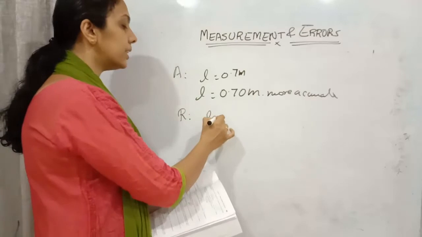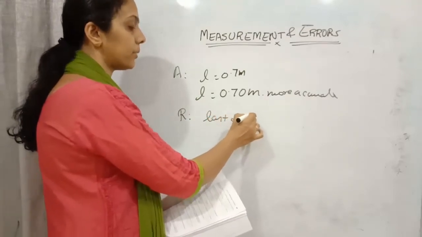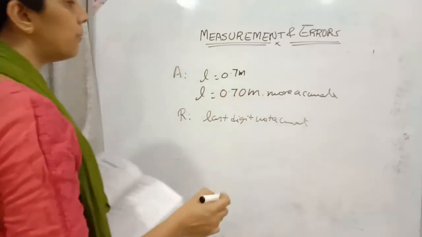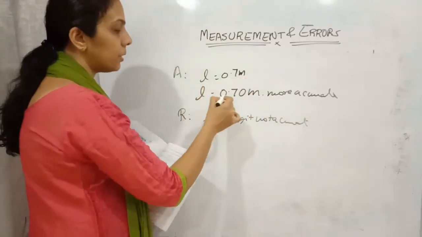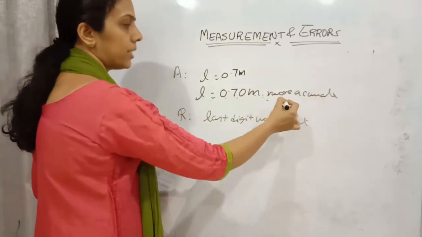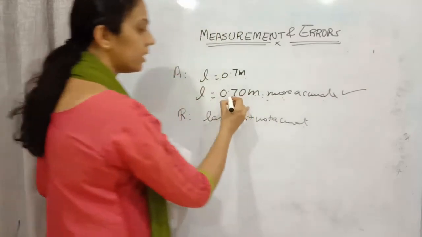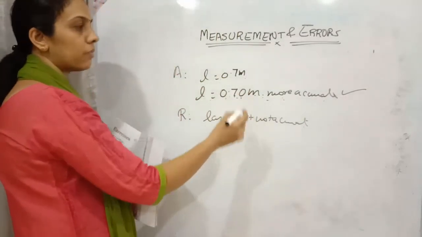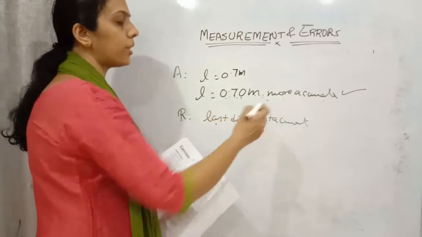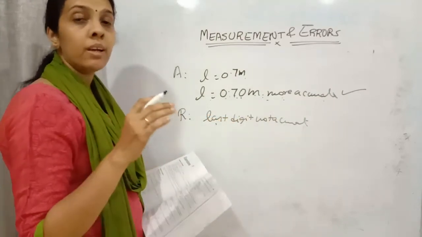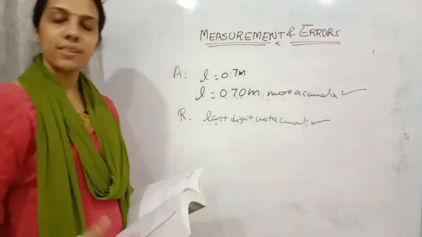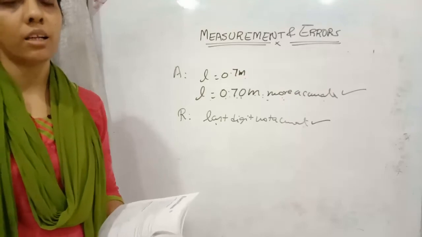Here, L equals 0.70 meter is more accurate, it is given. It's correct only, right? There are two significant figures, so it is more accurate. Last digit is not accurate, so that is also true. So assertion and reason both are true.